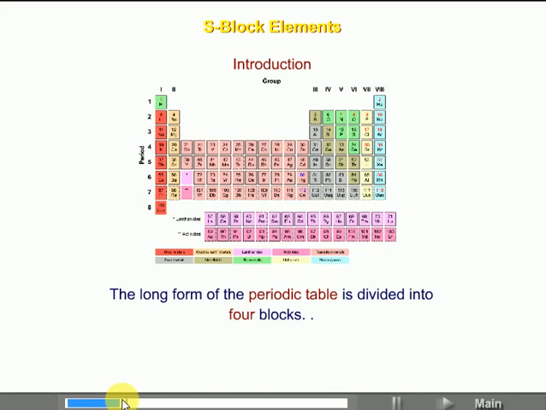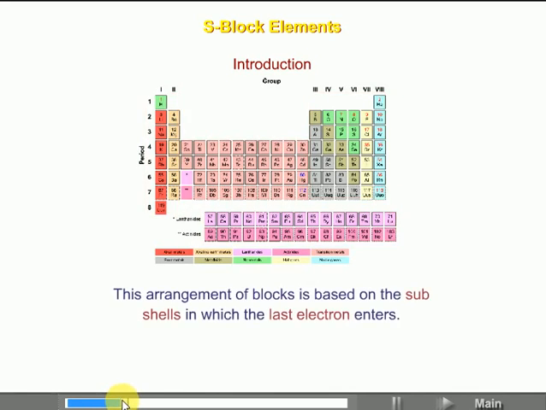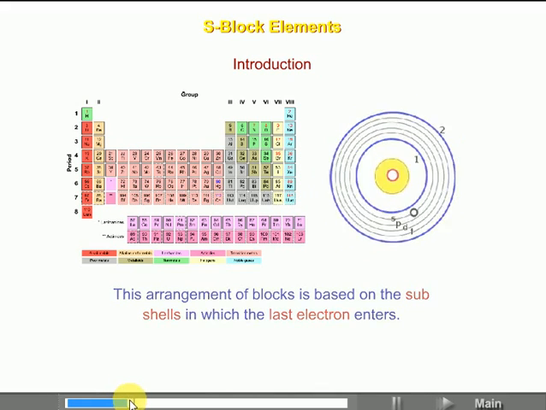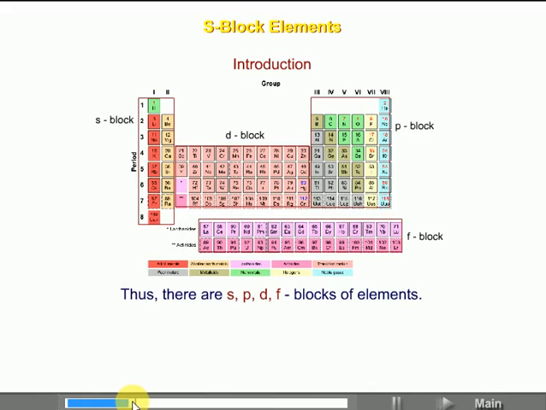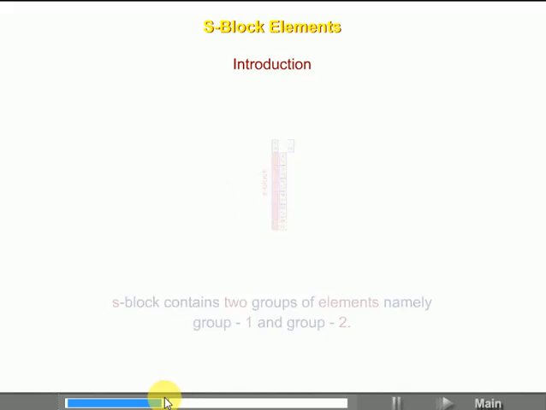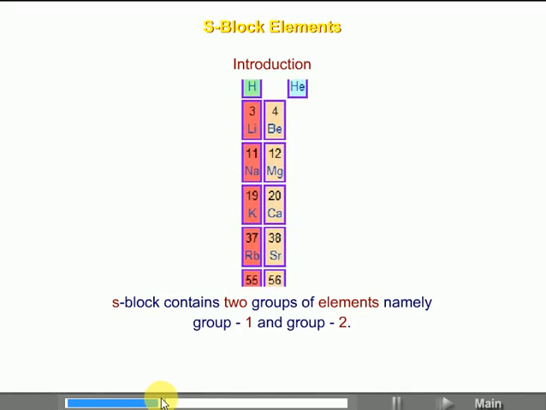Elements are divided into 4 blocks. This arrangement of blocks is based on the subshells in which the last electron enters. Thus, there are S, P, D, F blocks. The S-block elements are filled in two groups.